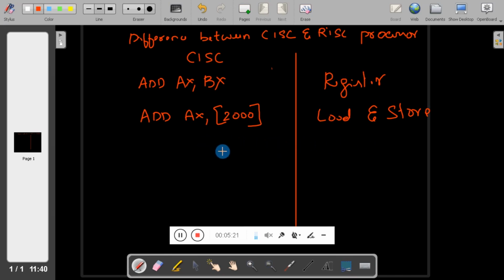This once again shows that CISC processors are flexible in nature, while the ARM processor is rigid in nature, but it gives very good performance compared to a CISC processor.